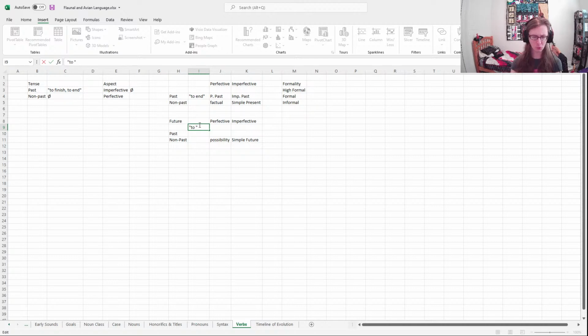We could use a more motive verb, like running or something like that. But I think to go would make more sense. There's something else here. Hold up.